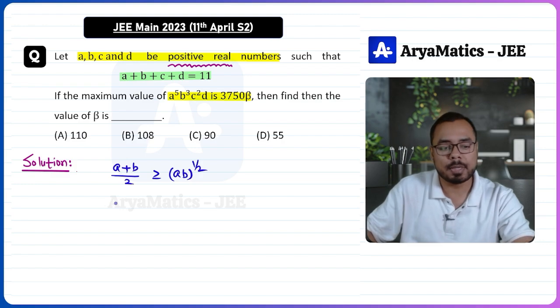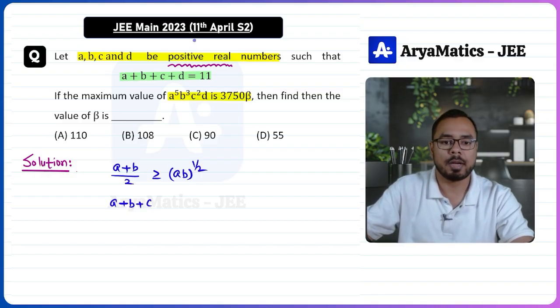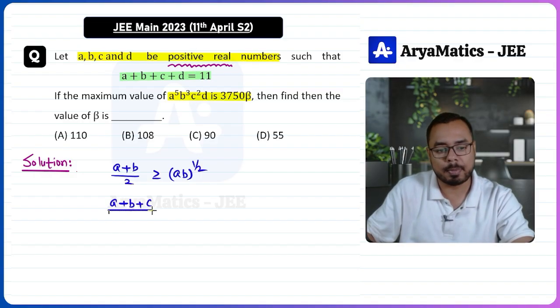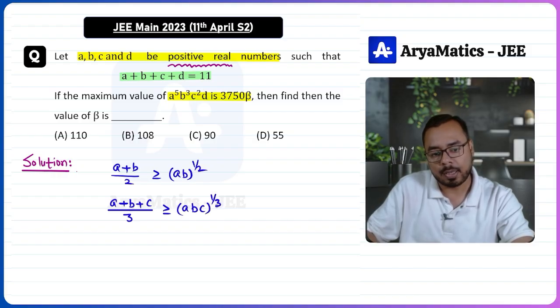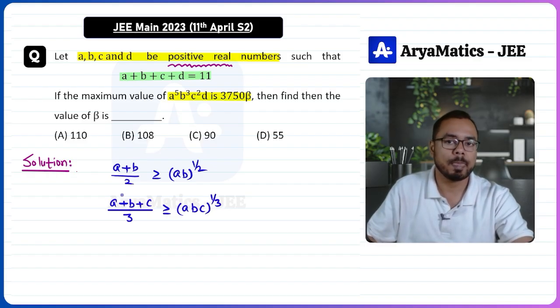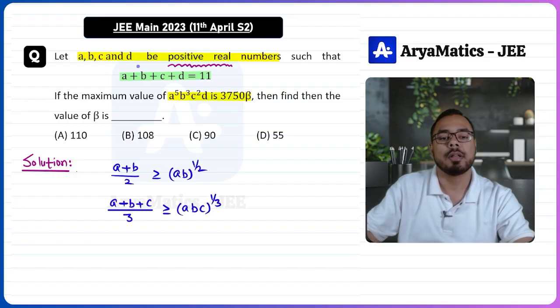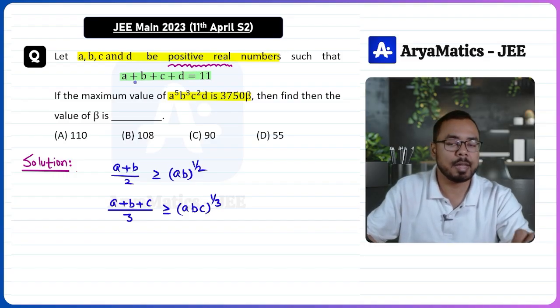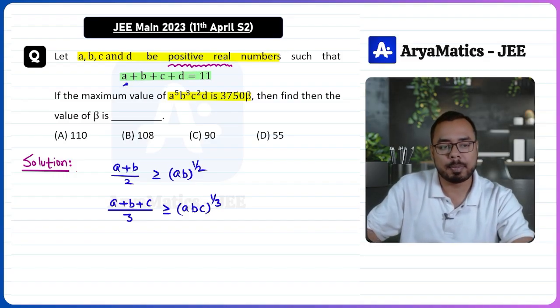Now, if I have three numbers A, B, C, then for three numbers their arithmetic mean will be A plus B plus C divided by 3, and this is greater than or equal to their geometric mean, that is ABC raised to 1 by 3. And this AM-GM inequality you can apply for any number of positive numbers, right? Now, here it is given that we have four numbers A, B, C, and D, and their sum is 11.